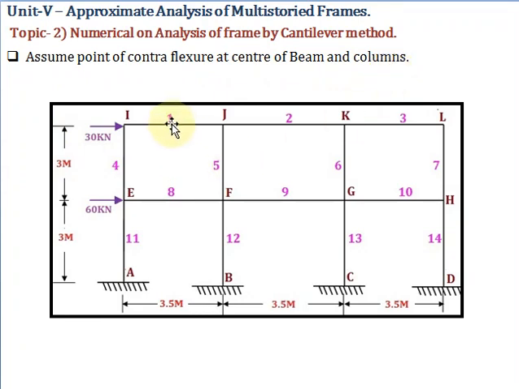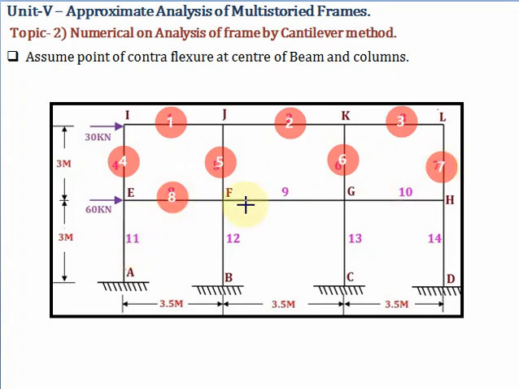Here at the center of beam and column we have noted those points by numerical values. The center of beam IJ we name as 1, then JK 2, then KL 3. Then for the vertical members, I have given the notation for the center as 4, then JF 5, then KG 6, then LH 7, then EF 8, then FG 9, then GH 10. Then vertical member AE as 11, then BF 12, then GC 13 and HD 14.